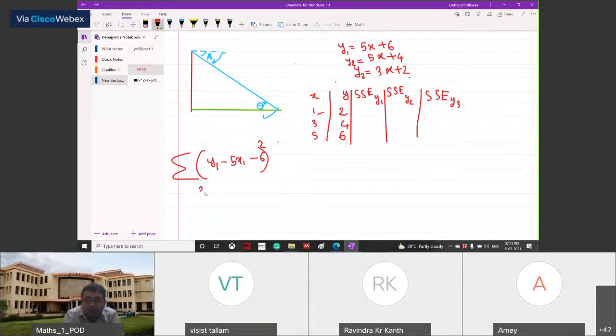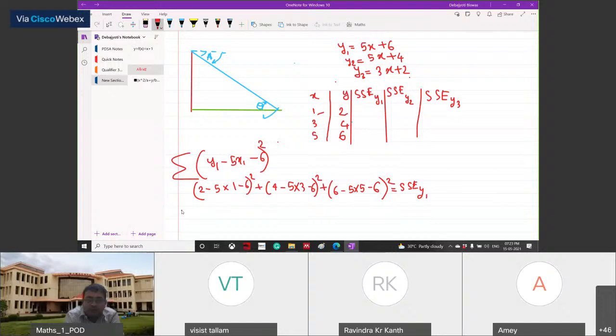So 2 minus 5 into 1 minus 6 whole squared, plus 4 minus 5 into 3 minus 6 whole squared, plus 6 minus 5 into 5 minus 6 whole squared. This is your SSE y1.